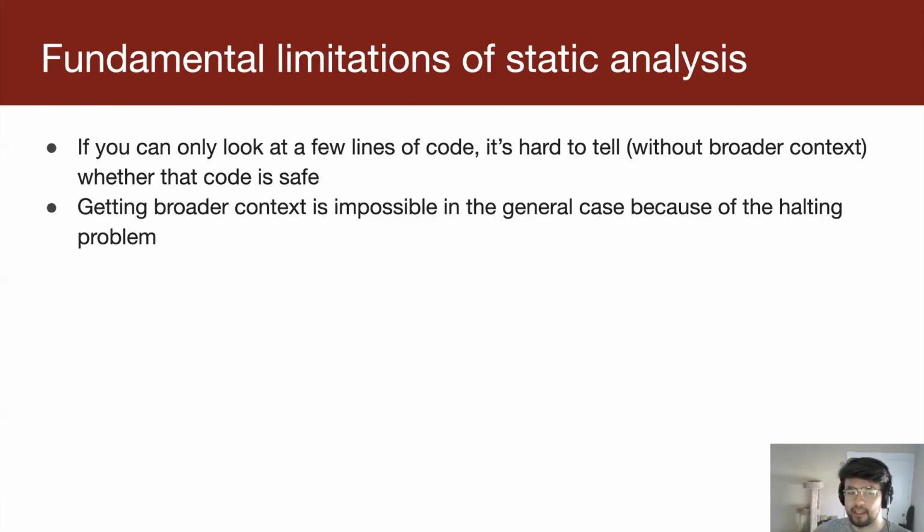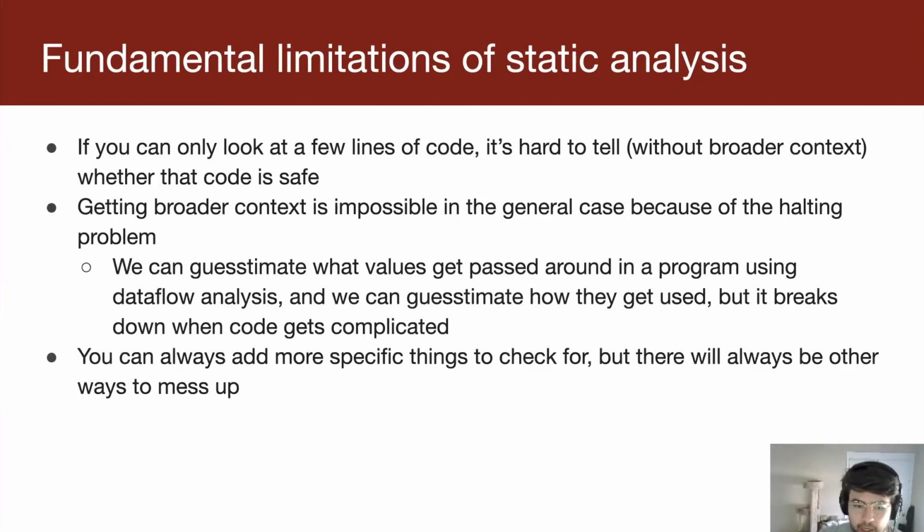And if you run it, then we're not doing static analysis anymore. Now we're back in dynamic analysis land. And this is really problematic. You can always add more rules, but there will always be other ways to mess things up. And you'll add false positives, and it's just very hard.